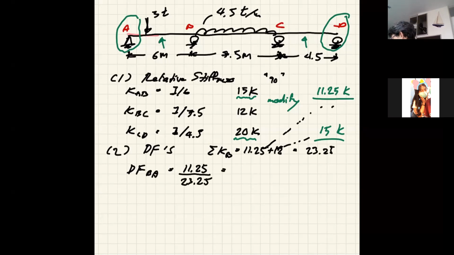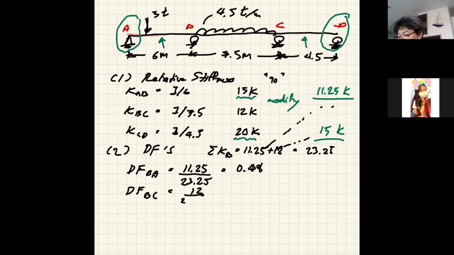So this turns out to be 0.48. And next is the distribution factor of BC. So that is 12 over 23.25. That is 0.52. Notice that it still remains 1, right?